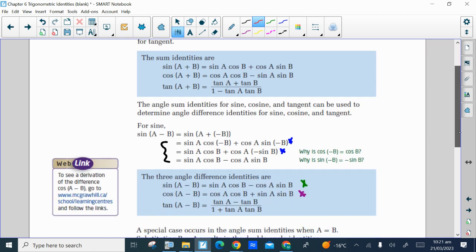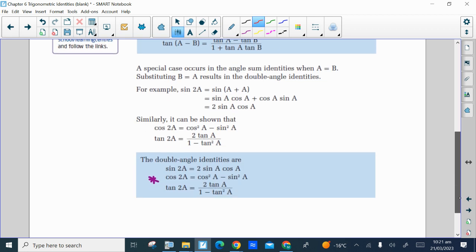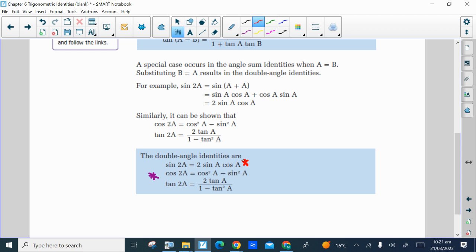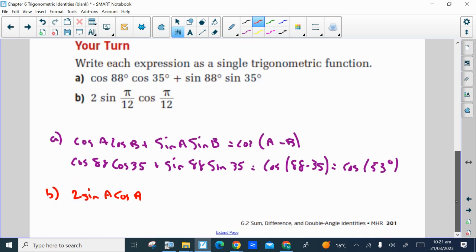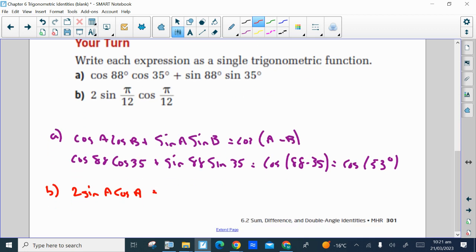If we look back at our identities, that's the double angle identity for sine. Sine 2A is equal to 2 sine A cos A. So this is equal to sine 2A.